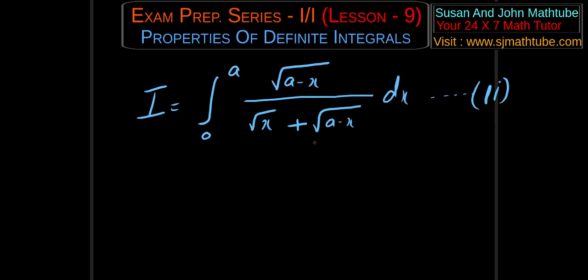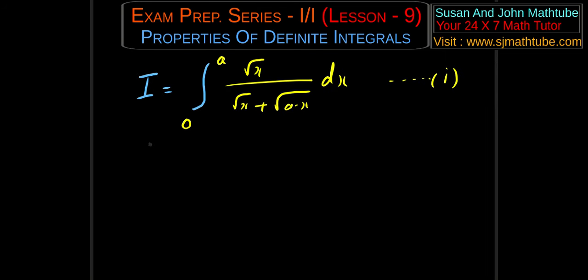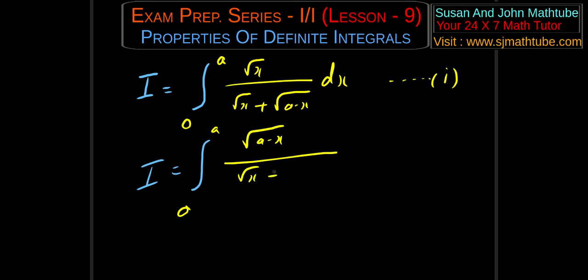Now this is equation number 2. Look at this. The denominator is same. The numerator is root a minus x. So we write equation number 2: 0 to a root a minus x by root x plus root a minus x dx.